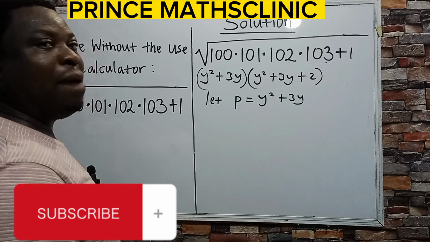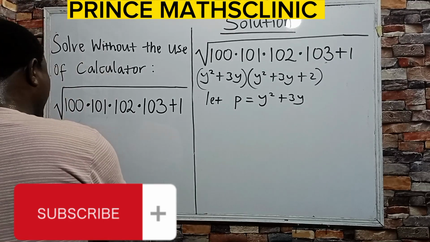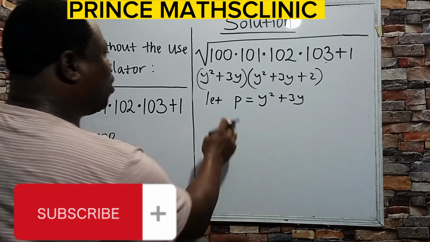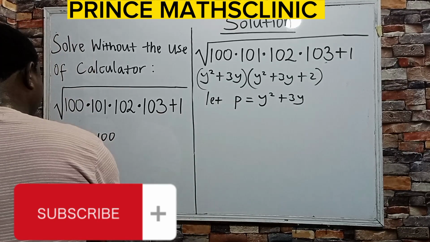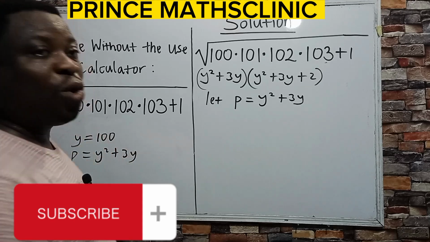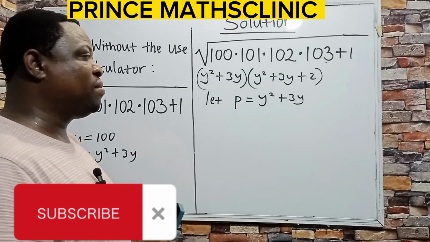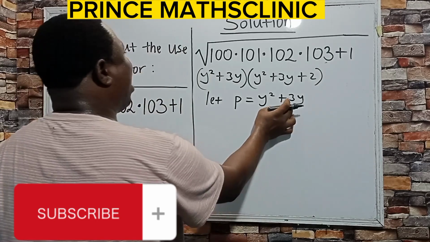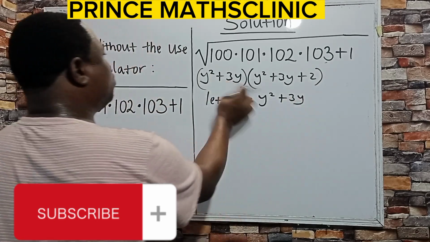Remember, the first let I made was let y be 100. Then the second let I'm making is p equals y squared plus 3y. I have to document them somewhere because I will need them at the end. Anywhere I see y squared plus 3y, I'm going to put p.